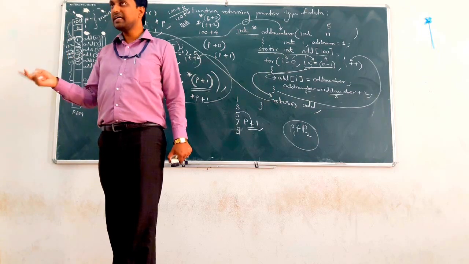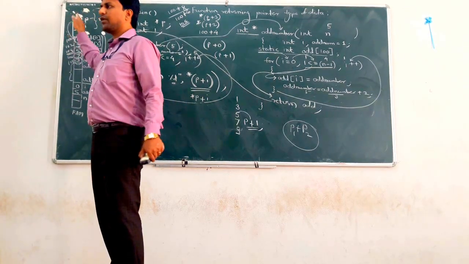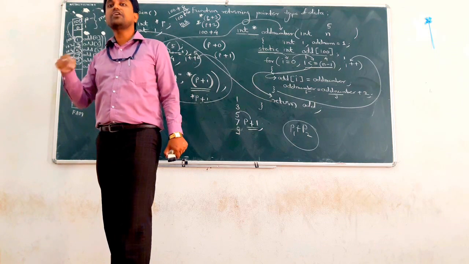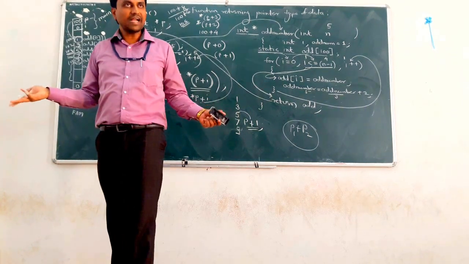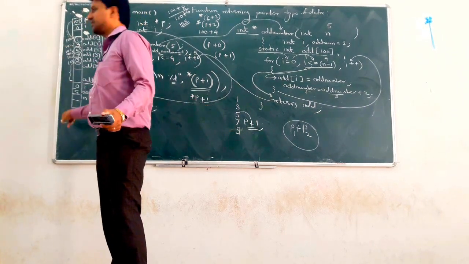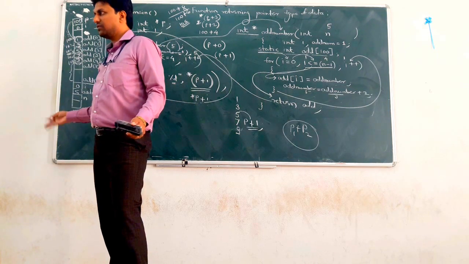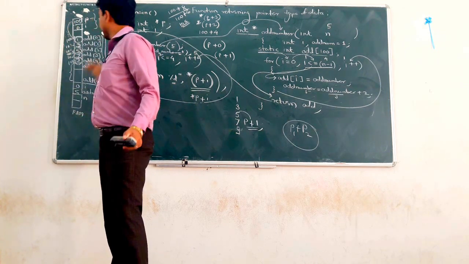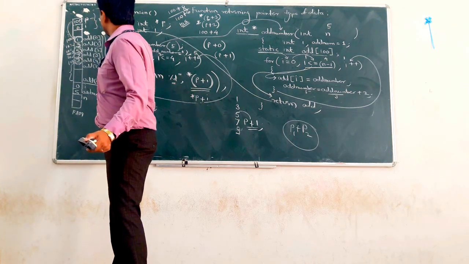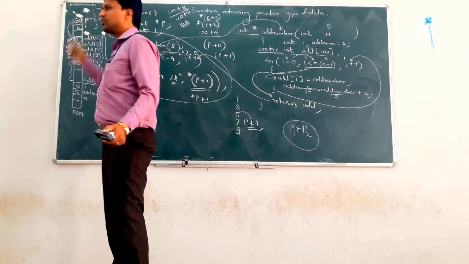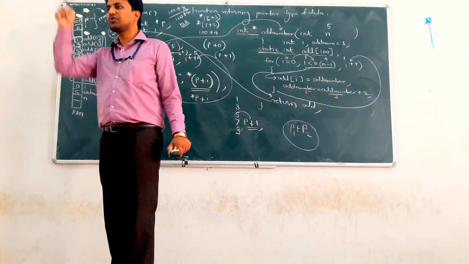Clear? Why? Because whatever the pointer type, what it stores is the address, a hexadecimal address. And whether your RAM is 2 GB, 3 GB or 4 GB, 2 bytes are sufficient to store the address.